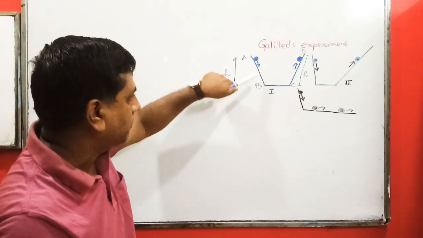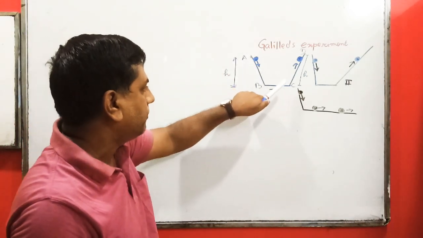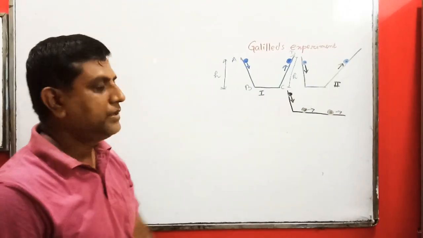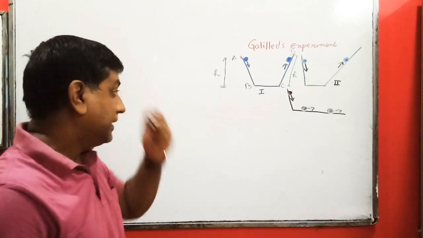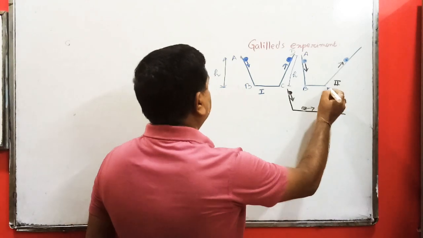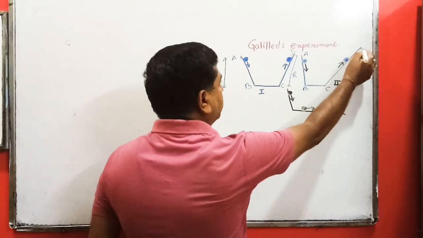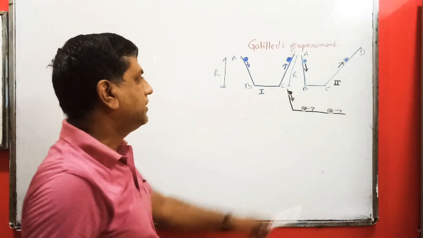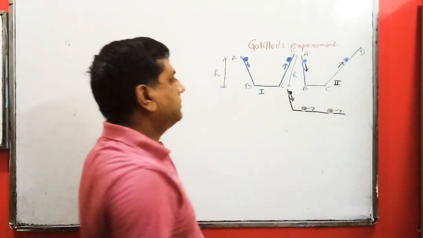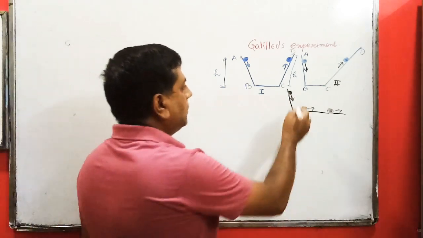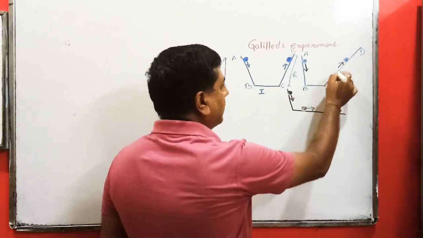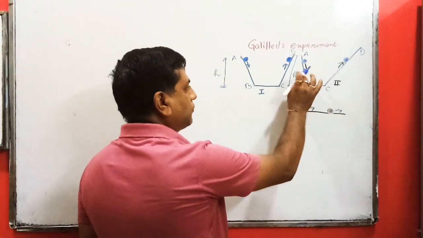When the ball is allowed to fall, it is found that the ball covers the same distance and the height is the same. In the second case, if I decrease the angle of inclination of CD, it was found that the ball maintains the same height, but it covers some more distance as compared to this one.